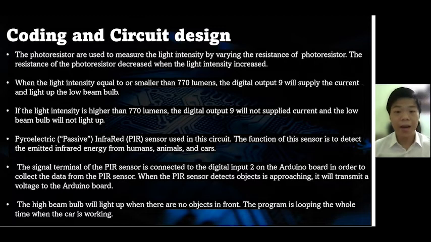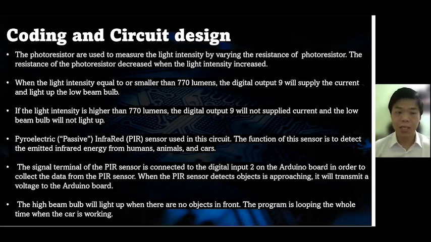When the PIR sensor detects an object approaching, it transmits a voltage to the Arduino board. When there are no objects, it does not transmit a voltage. The high beam bulb will light up when there are no objects in front. This program loops the whole time when the car is working.